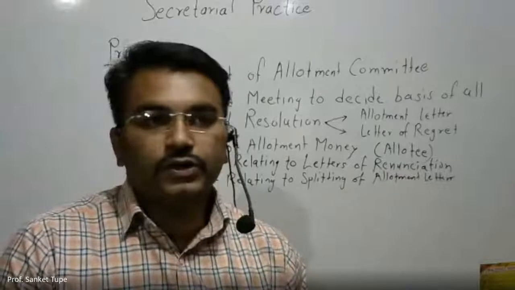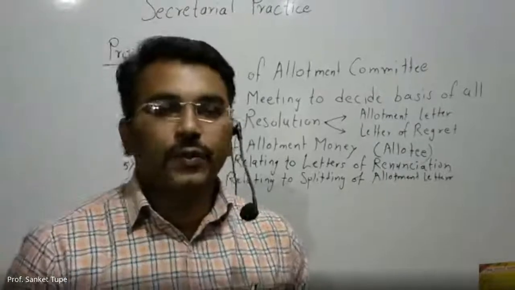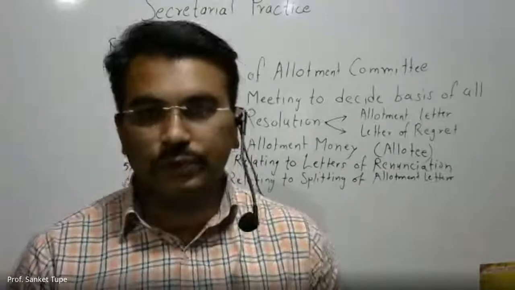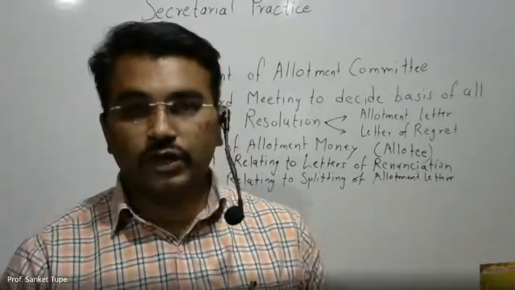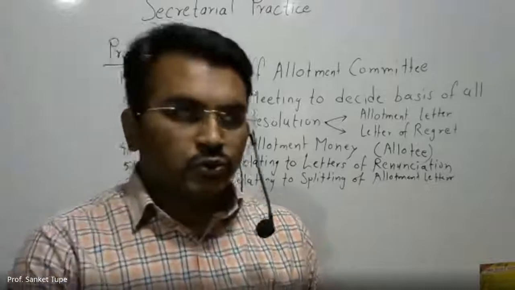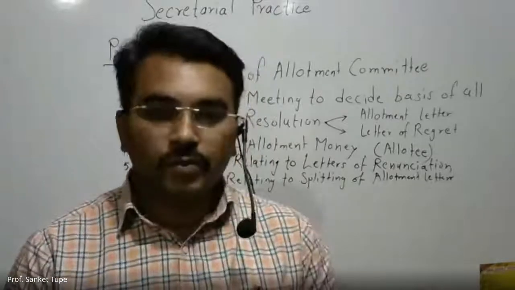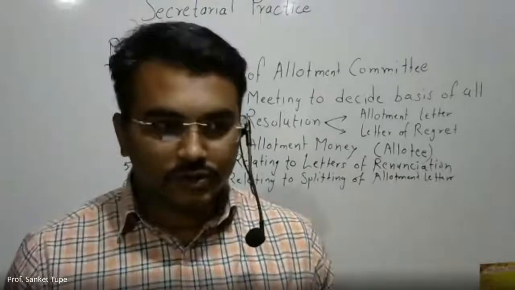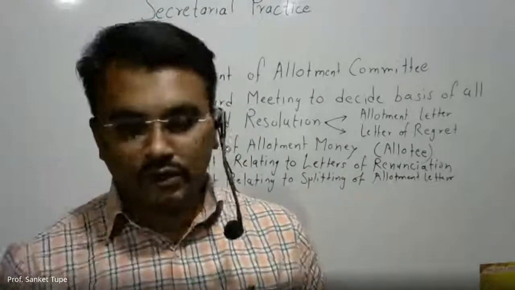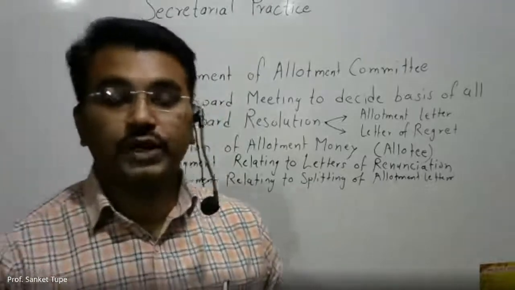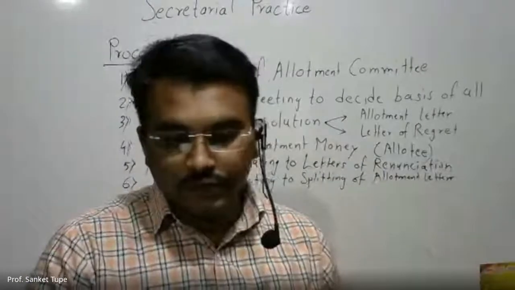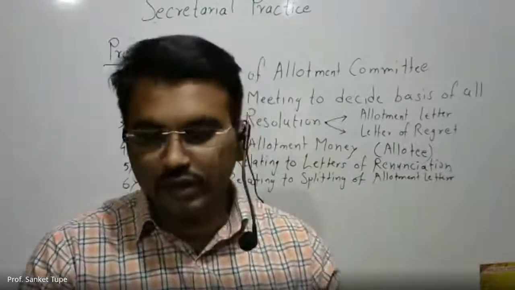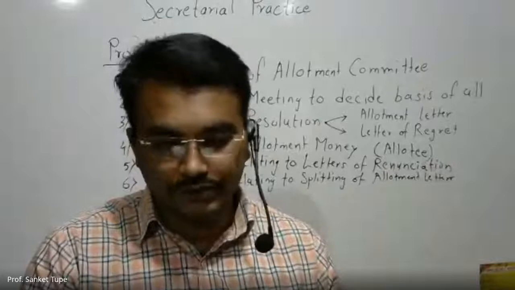If I have purchased shares and I want to divide them among my relatives, suppose father, mother, or whoever is related to me, then the number of shares will be split into three persons' names, and those names will be sent to the company with the arrangement of these letters, similar to the letter of renunciation.